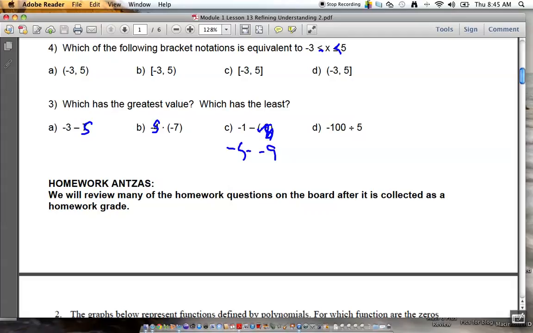And this one? 10? Okay, so -3 minus 5 is -8. This is 35. This is 4, right? And then this is -2. So the greatest one is B, and the smallest one is A. Okay? Any questions? Okay. Excelente.